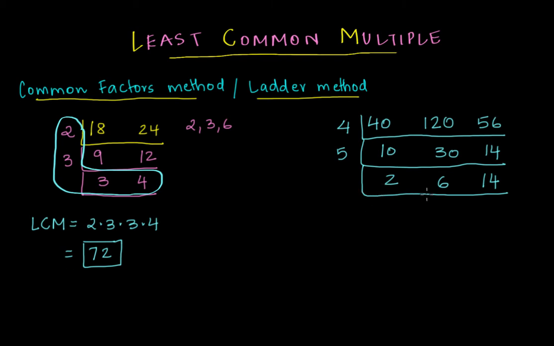Now, these three are all even numbers, so I know I can factor out the 2. And I'm left with 1, 3, and 7. And 1, 3, and 7 don't have any common factors between them. So I know that I have to stop. And the way you would find the LCM is you make a big L around all these numbers.